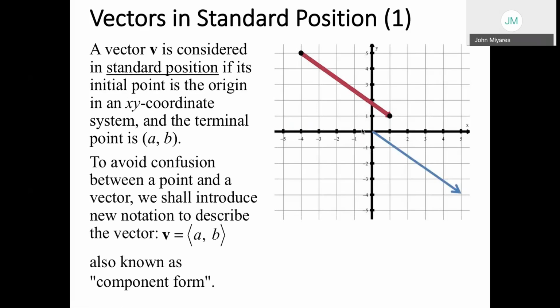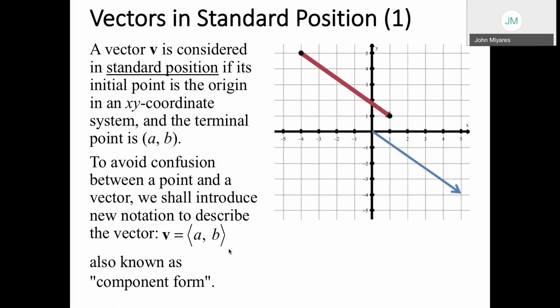Now, to avoid confusion between points and vectors, we're going to introduce a new notation to describe a vector. That's going to be with these things that look like giant less than signs and greater than signs. These grouping symbols are called angle brackets, and this notation where I have v equals a comma b inside the angle brackets is called component form.